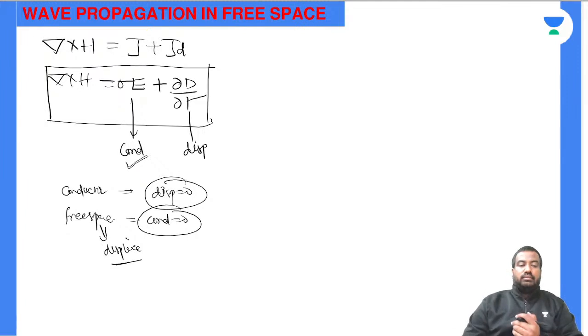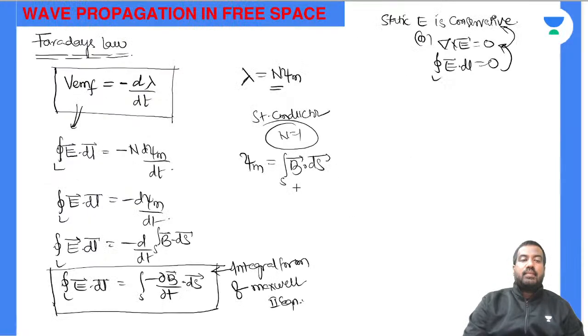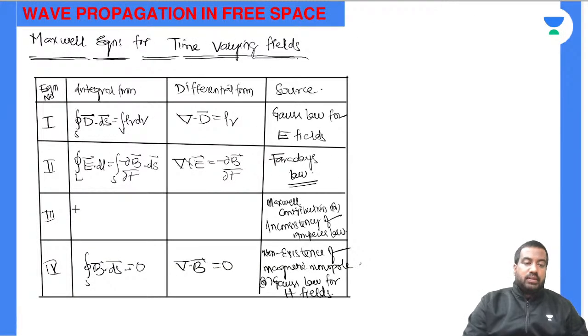Clear now? So closed loop integral of H dot dl is surface integral of J plus JD dot dS.